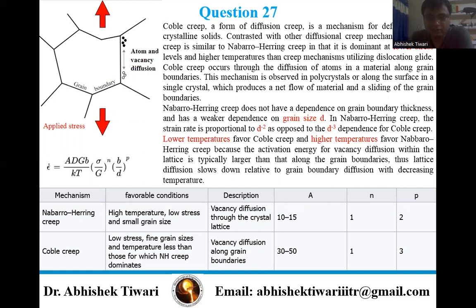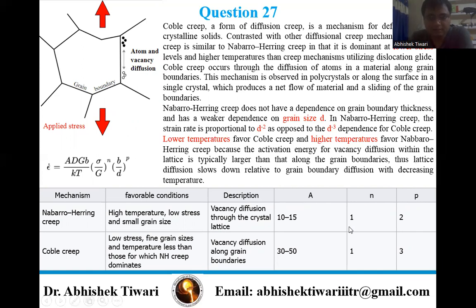Coble creep occurs through the diffusion of atoms in a material along grain boundaries. This mechanism is observed in polycrystals or along the surface in a single crystal, which produces a net flow of material and a sliding of grain boundaries.